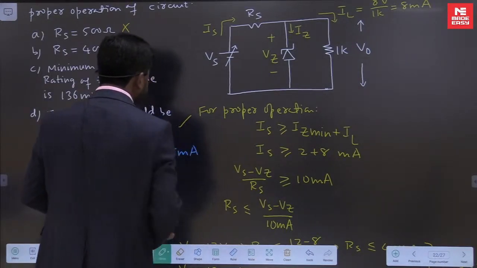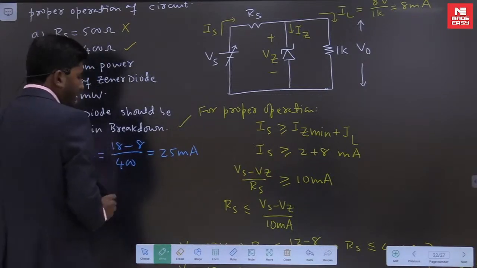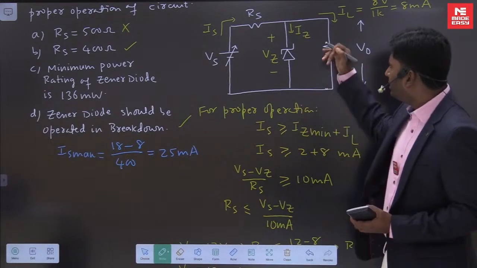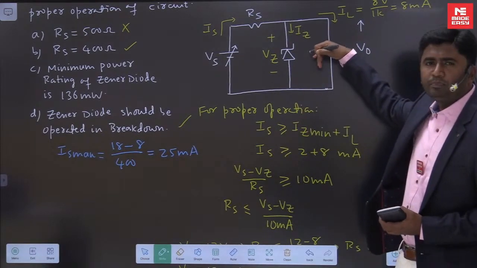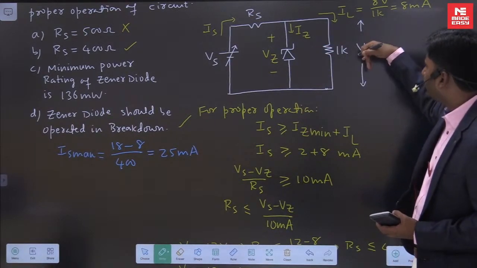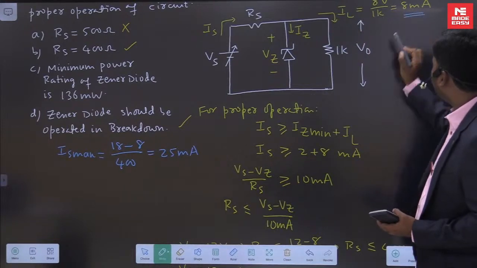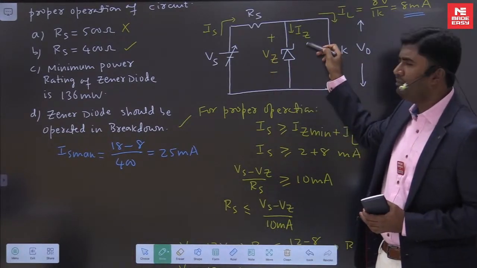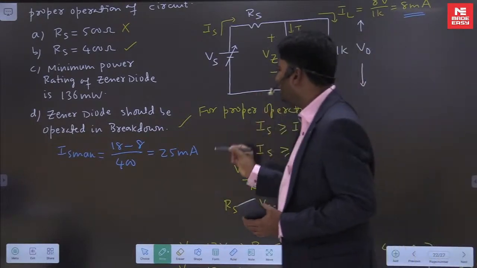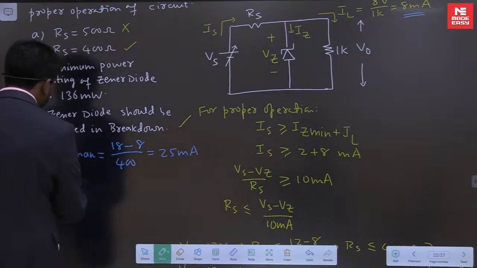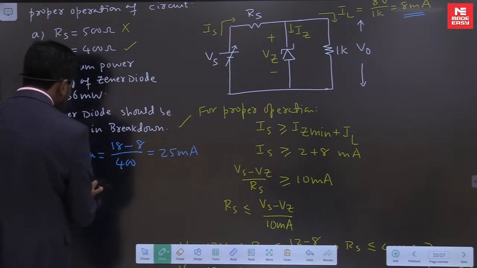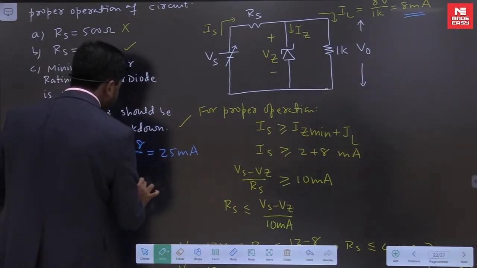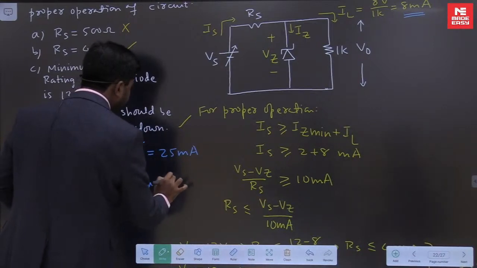25 milliampere. Okay, and when IS is maximum, Zener current also becomes maximum. Load current is constant here. Load current will remain 8 milliampere only. So when IS becomes maximum, IZ will be maximum. तो अगर आप यहाँ पर KCL अप्लाई करते हैं, then IS max is equal to IZ max plus IL.